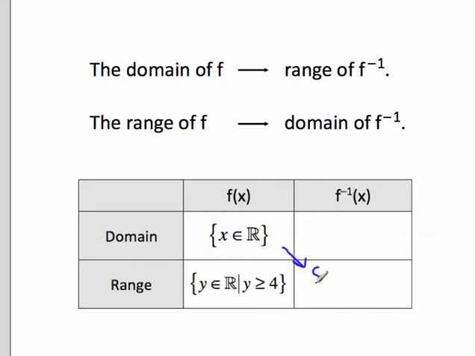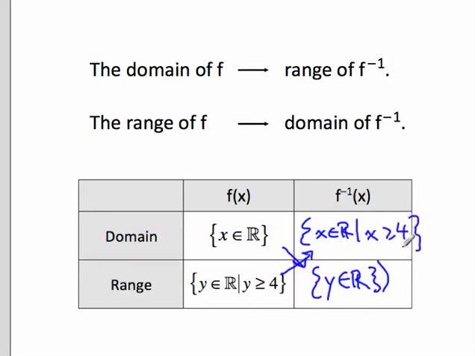So the range of f inverse would be y is an element of real numbers. And the domain of f inverse would be x is an element of real numbers such that x is greater than or equal to 4.